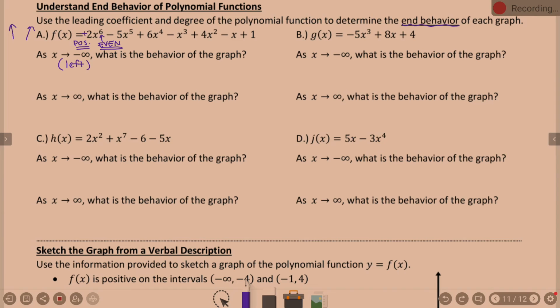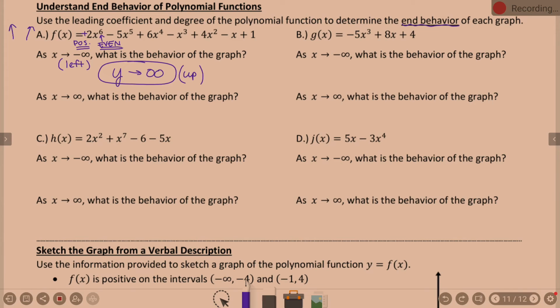Is that positive or negative infinity? That's positive infinity. So your answer here is going to be that y approaches positive infinity because it's going up. Okay? So when we say positive infinity, that's the fancy form of saying up.